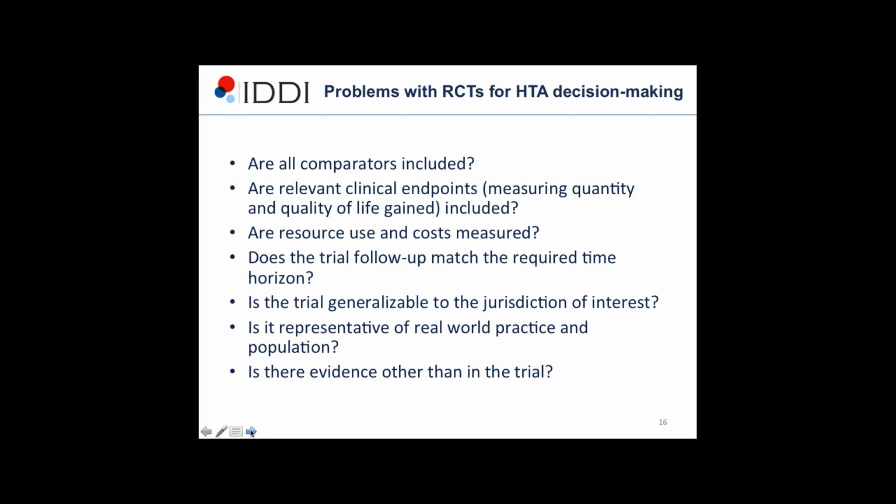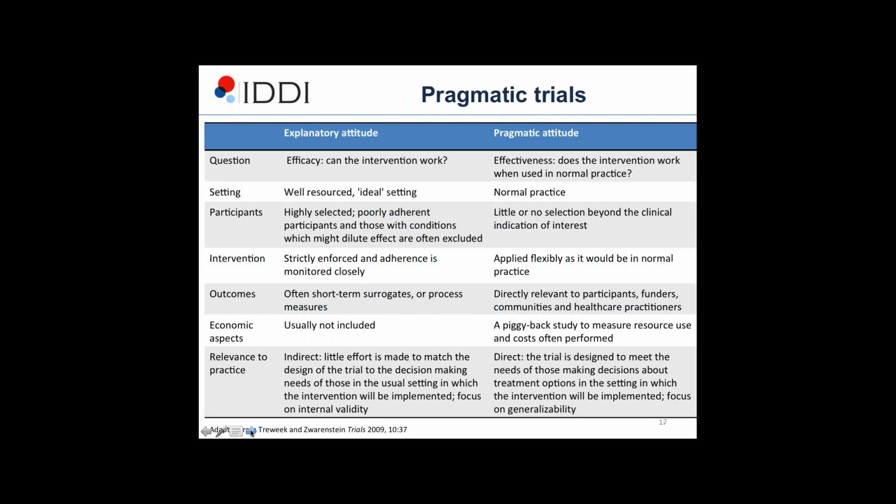So there are, in general, two ways to address this problem. The first one could be to run a pragmatic trial. Now, pragmatism is more an attitude to trial design rather than a characteristic of the trial itself.